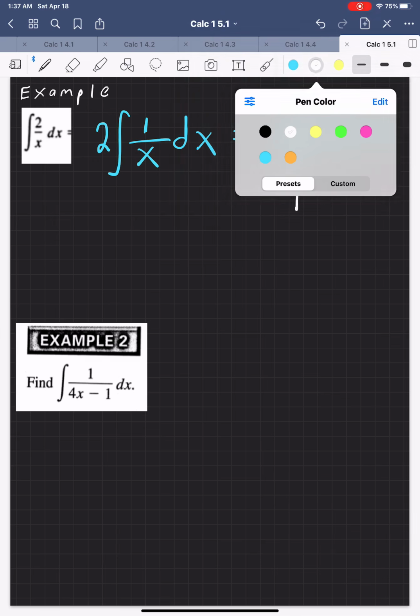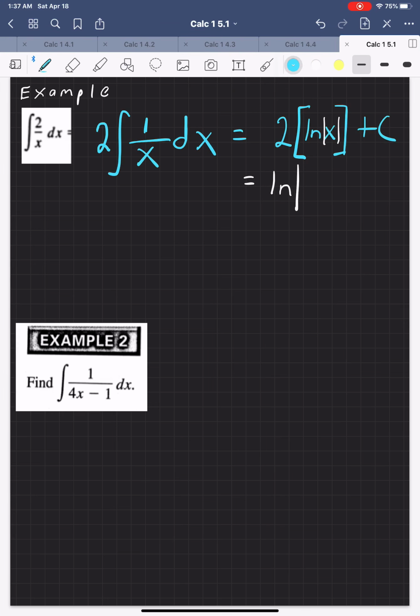I'll go ahead and do something really quickly. So ln of x squared, and that would be plus c. Normally you're going to use absolute value symbols around your x inside the ln, because, how do I express this? Think about if you just had 2 over x.